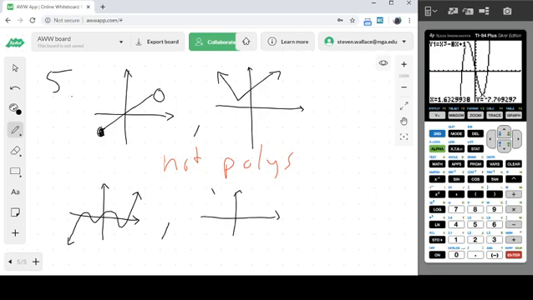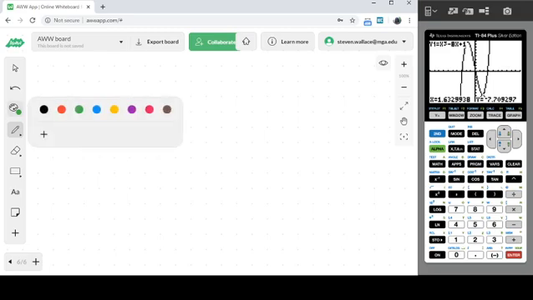Okay, so here's another one we've seen before. These are polys. There will be some general shapes of graphs of polynomials that you will come to recognize. For example, ones like this. Okay, you've seen these before.